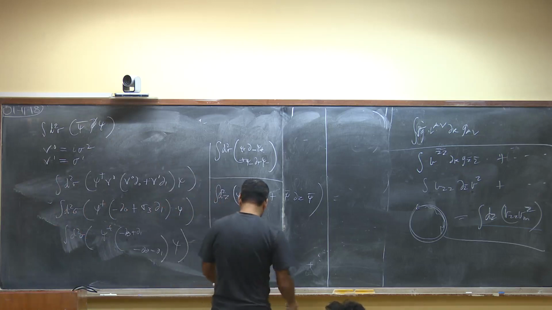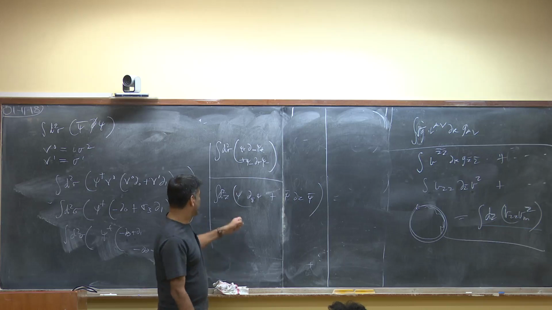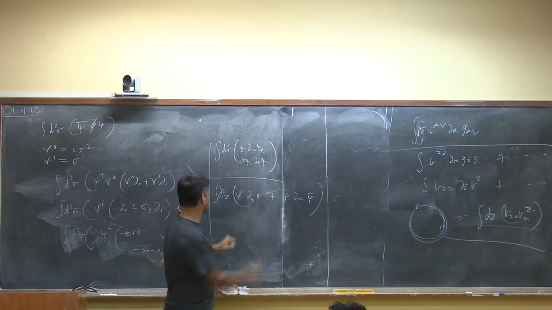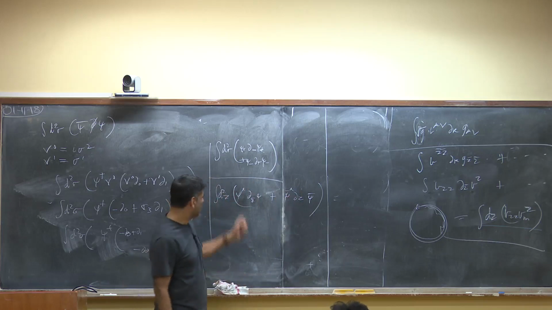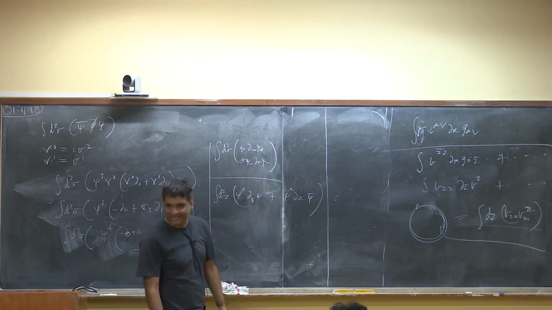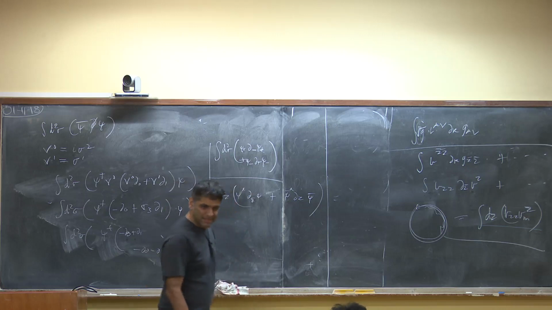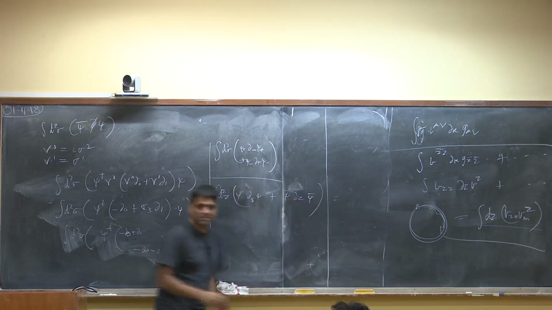Sorry. If I had made this complex, if I had made it psi bar del z psi, suppose I had done this for a moment, then psi star being B and psi being C would have exactly given us the BC system. So complex fermion is like the BC system, but at the moment we've got a real fermion.